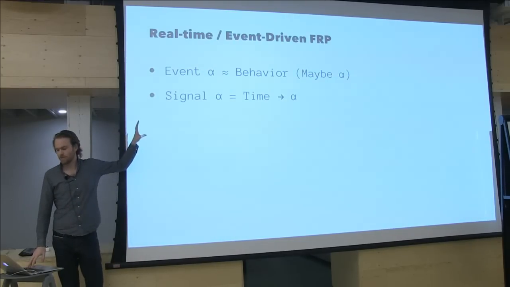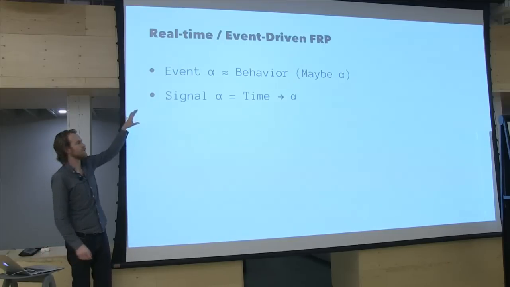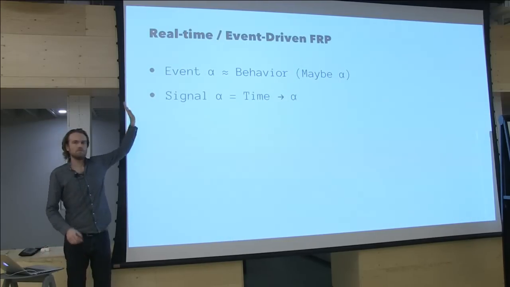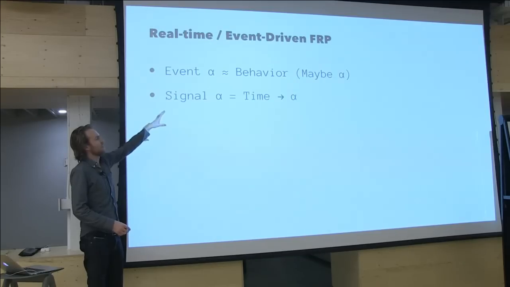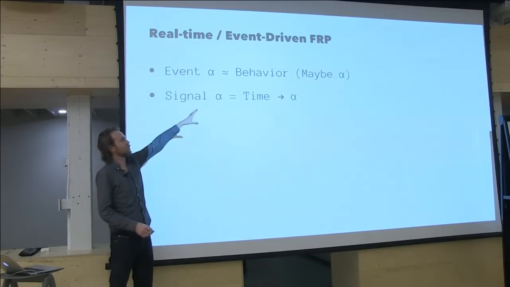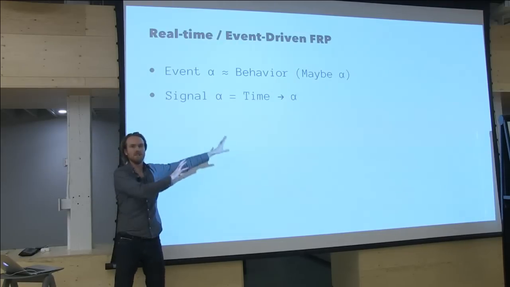So in this one, they basically recognize that there's this equivalency between an event of some type and a behavior of maybe that type.